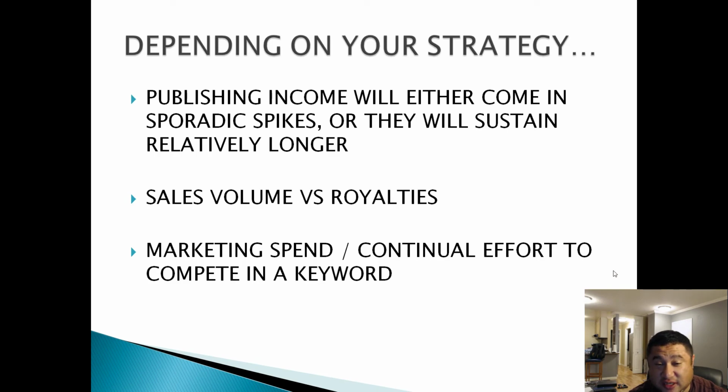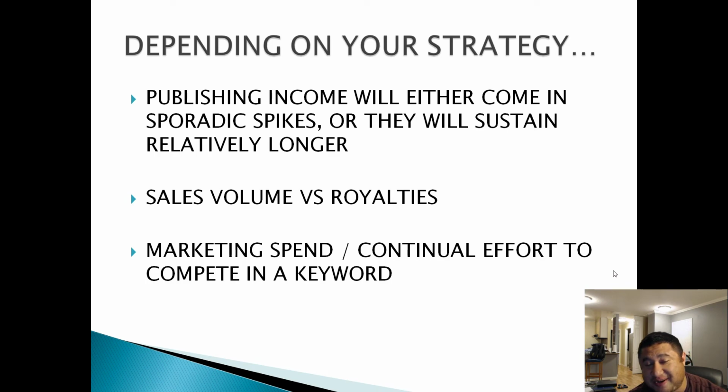I'm going to have to publish another Bitcoin book, or maybe a Bitcoin book with a few chapters on ICOs, initial coin offerings, and make it like the 2019 guide on making profits off of Bitcoin and initial coin offerings. So I would continually have to compete in this keyword with more expenditures and more content, or else I'm going to die out. So consider that too.